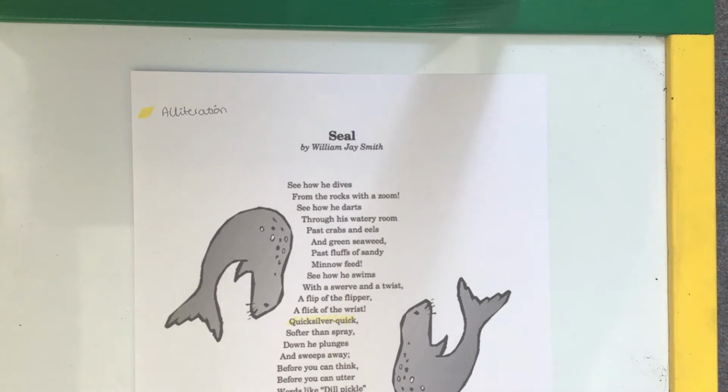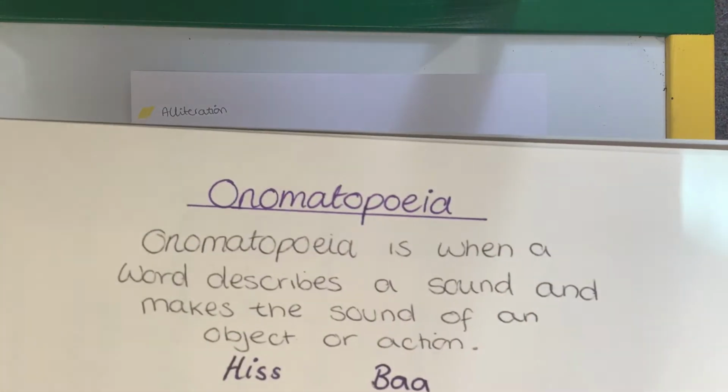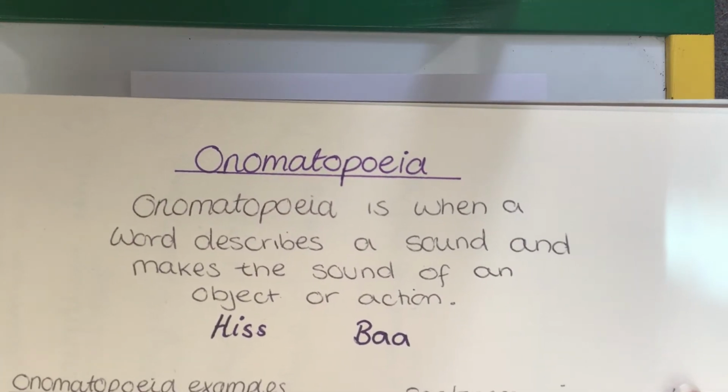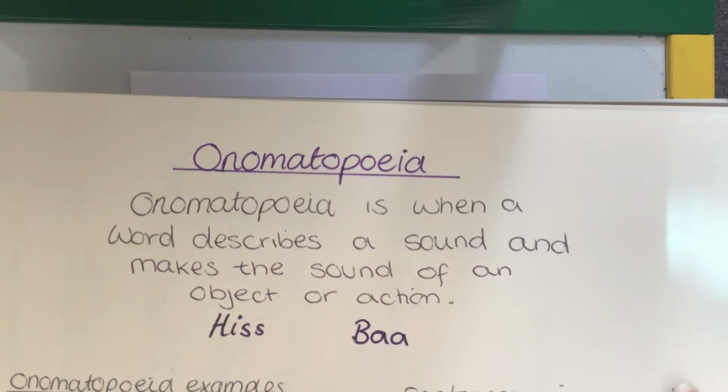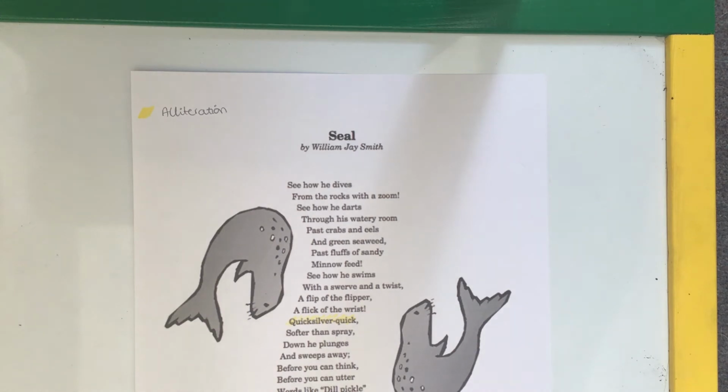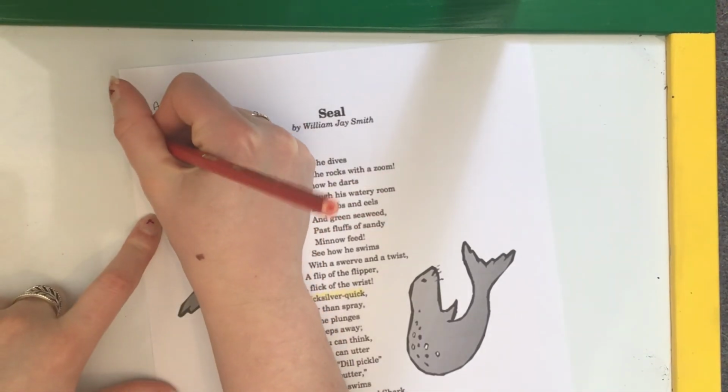And now I'm going to look for some onomatopoeia. Are there any examples of onomatopoeia? Can anybody remember what onomatopoeia is? Onomatopoeia is when a word describes a sound and makes the sound of an object or action. For example, hiss or bark. So let's go through the poem and pick a different colour to look for some onomatopoeia. So I've picked red this time.